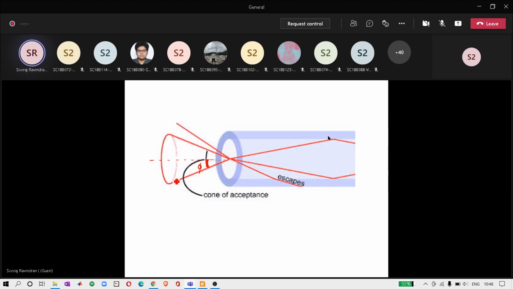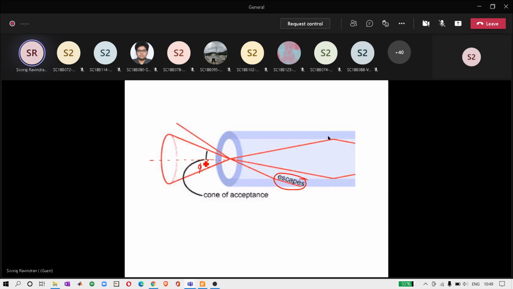Any ray which falls within this cone would undergo total internal reflection, and any ray which falls outside this cone would not undergo total internal reflection. This would escape. Escape means this will not reach the receiver. That means you are losing information signal. What we want is everything to fall within this cone so that it undergoes multiple reflections and reaches the receiver.